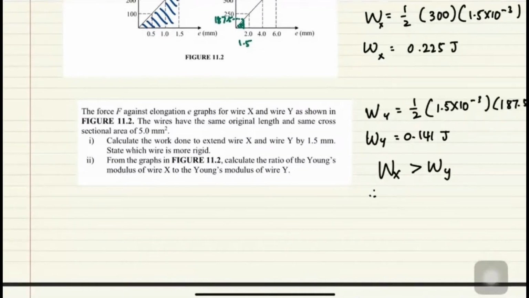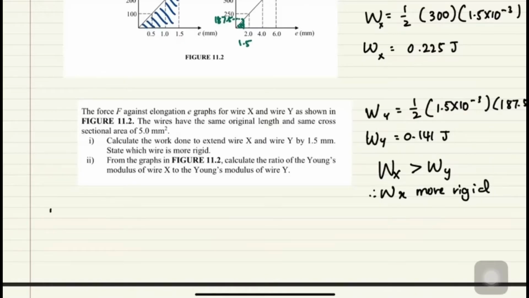Therefore, Wx more rigid. Okay. Jadi yang question ratio ni, ratio make sure you start with the, dikatakan kalau dulu memang kat sekolah kamu buat dot-dot tau, macam ratio contohnya YX to YY, biasanya kadang-kadang kamu buat macam ni dekat sekolah. Sekejap dia tak keluar.